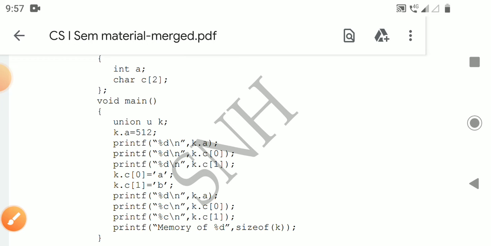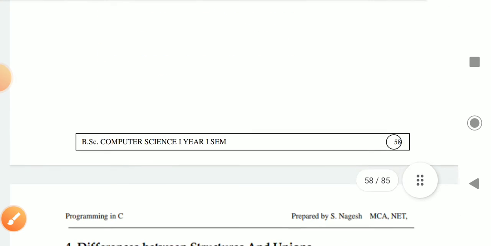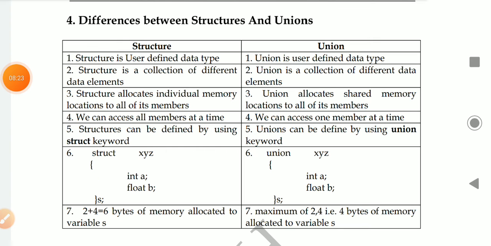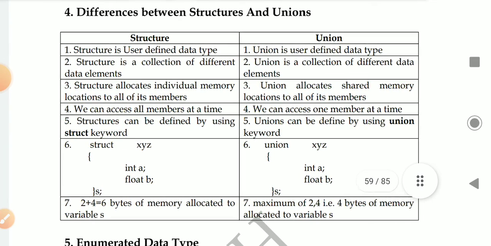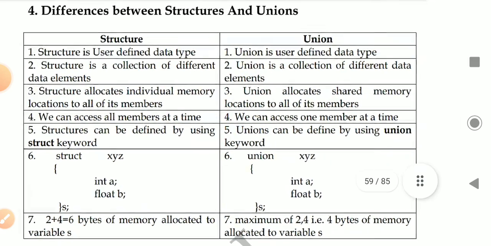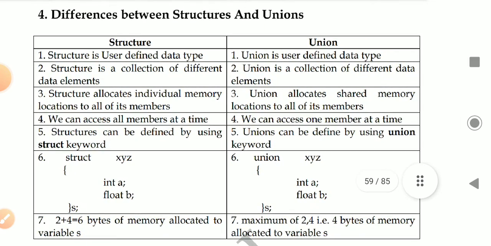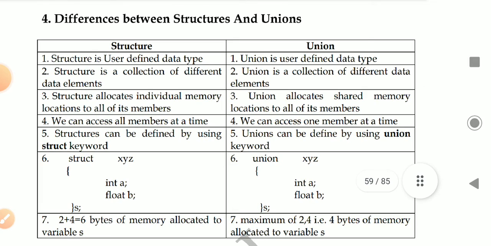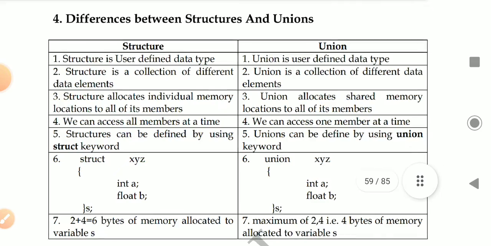This is a union. The next question is: what is the difference between unions and structures? Sometimes, and this is most important, in the examination they may ask for structures versus unions, or compare and contrast structures and unions.